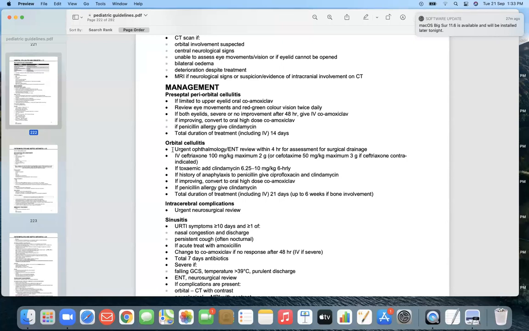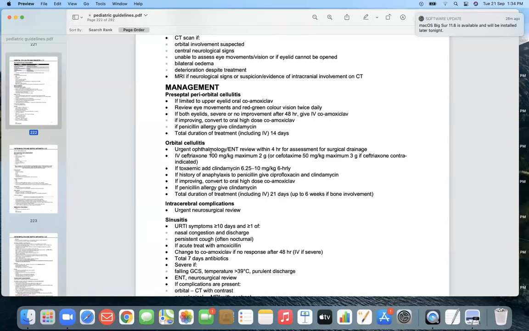That is 21 days. Orbital cellulitis: urgent ophthalmology and ENT review within 4 hours of assessment for surgical drainage. So if you have been told that this is orbital cellulitis, how do you manage? You will tell that after the basic vital signs, heart rate, you will involve your consultant and ophthalmologist at the same time.